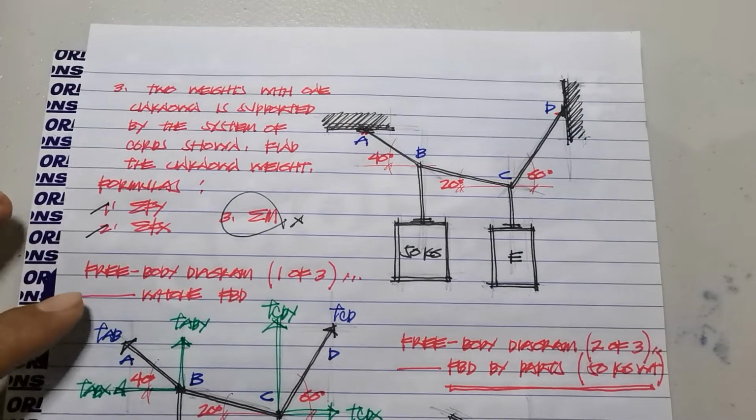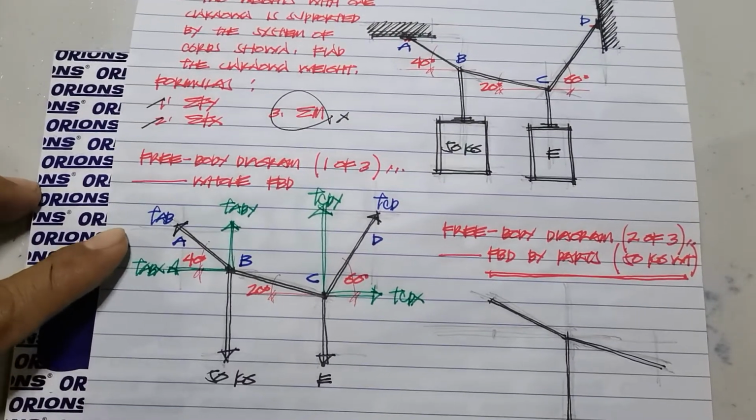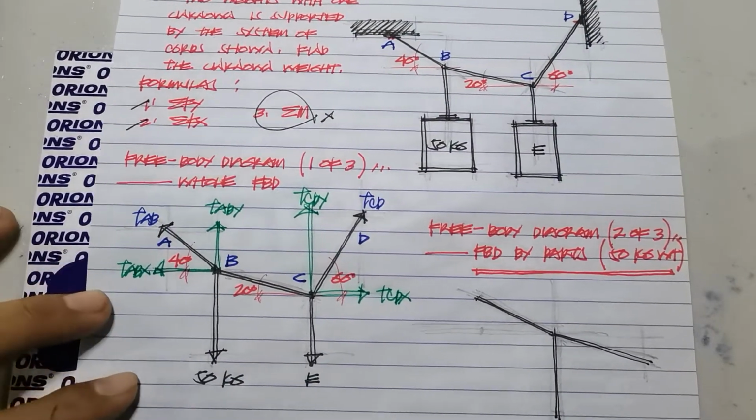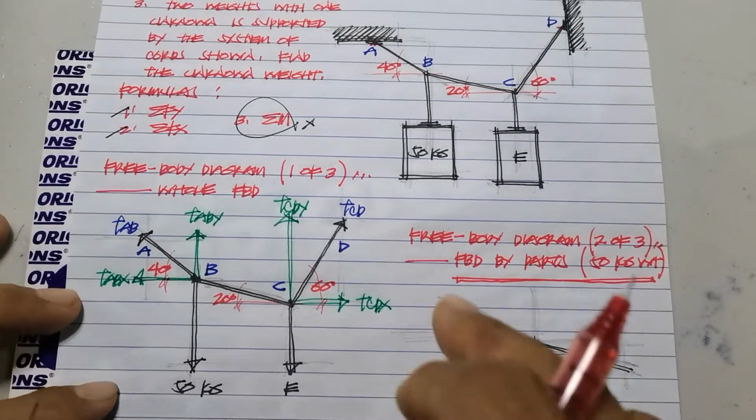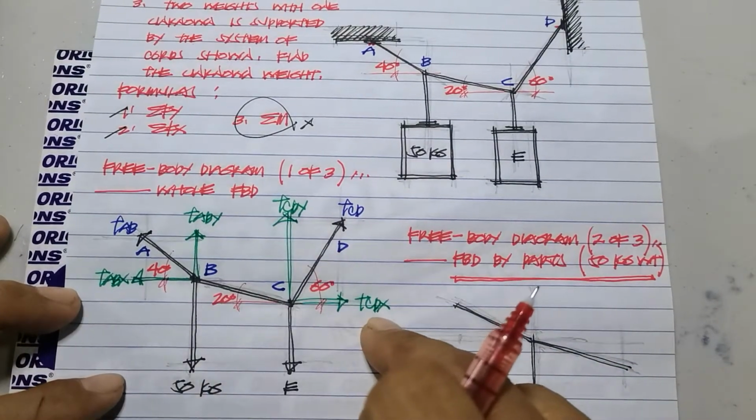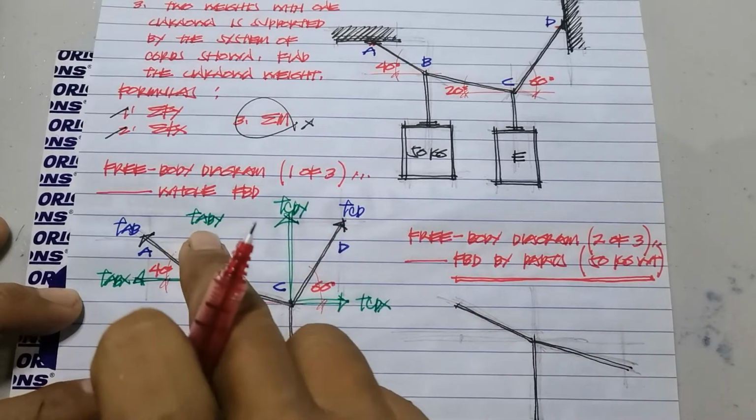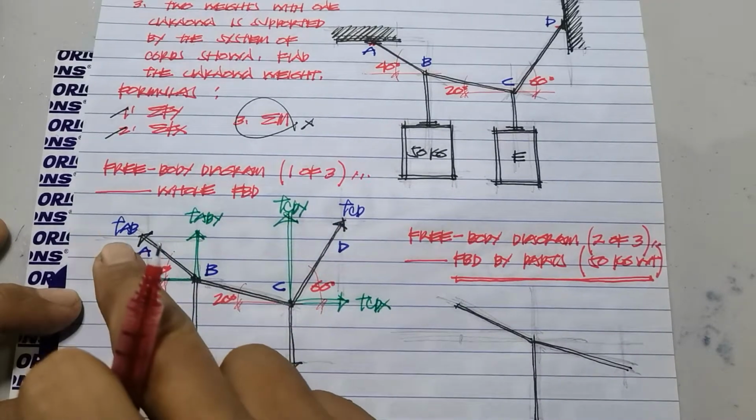So, assess natin nga daw yung so far, yung una natin ginawang free body diagram. So, kung i-assess natin yung corresponding free body diagram, anong si TCD of Y, TCD of X, or si TCD, anong si TAB of Y, or si TAB of X, or si mismong TAB.